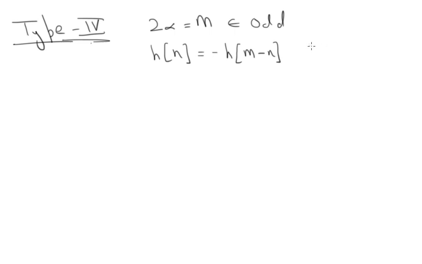Say for example, you have an impulse response which looks like this, which is 0, it is 1, and here your m is equal to 1 and your m by 2 is equal to 1 by 2. It means this is symmetry and odd symmetry around 1 by 2.